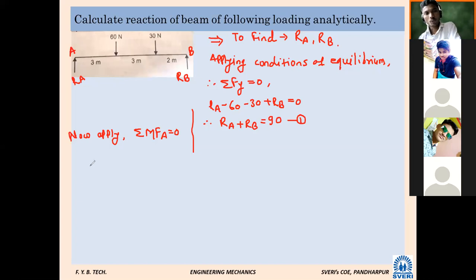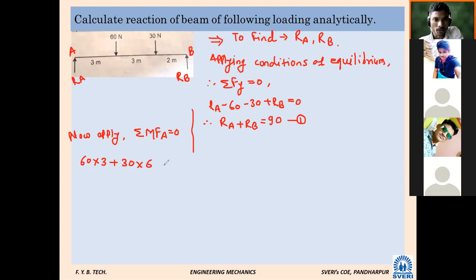60 Newton force. What will be the moment due to the 60 Newton force? 60 into 3. Whether it will be positive or negative? Positive, clockwise. What about the 30 Newton force? Again clockwise. 30 into 6.